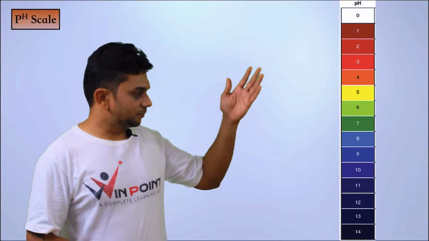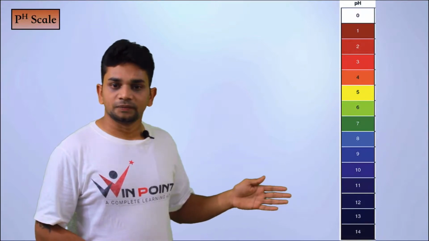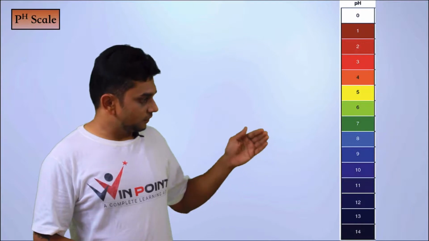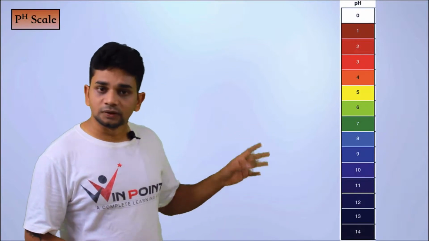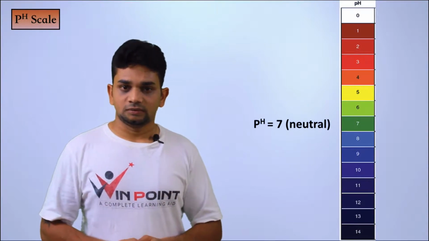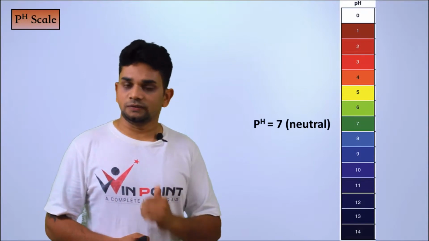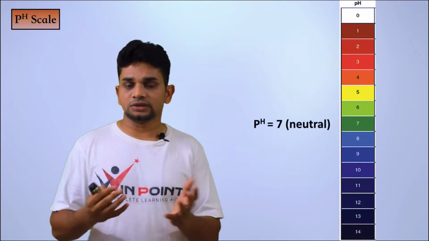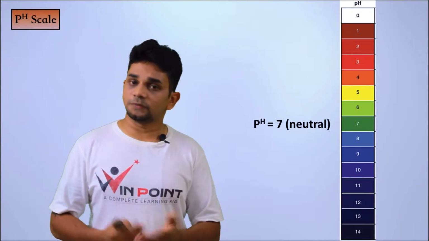Here you can see the pH scale. You can see the different colors, right? And the values vary from 0 to 14. If we are measuring the pH value using indicators, a universal indicator will give different colors in different solutions.